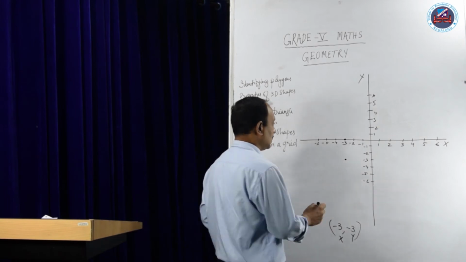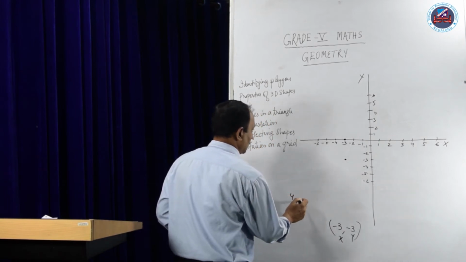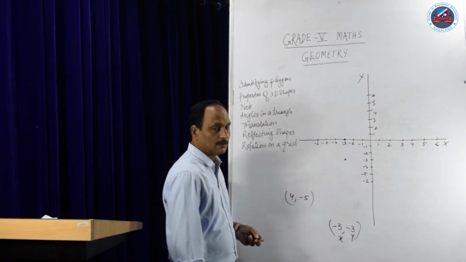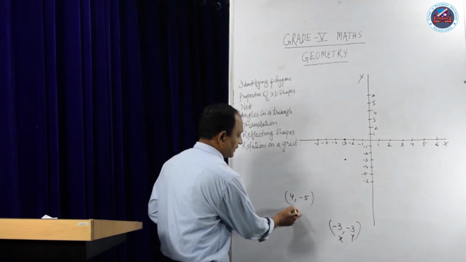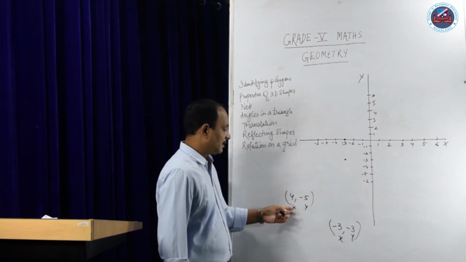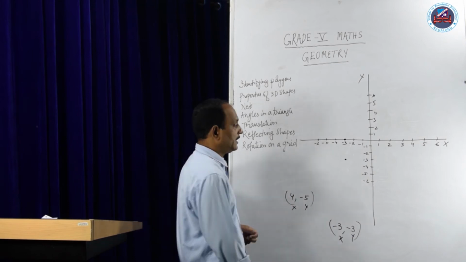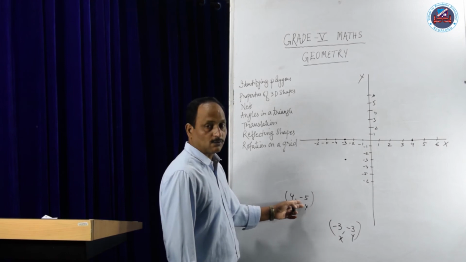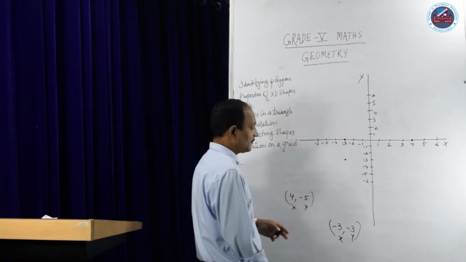Now suppose 4 and minus 5. So 4 is the x-axis, minus 5 is the y-axis. On the x-axis, where is 4? Here. Now minus 5 is on the y-axis, where? Here.